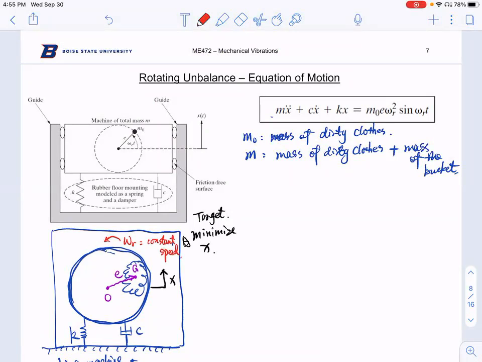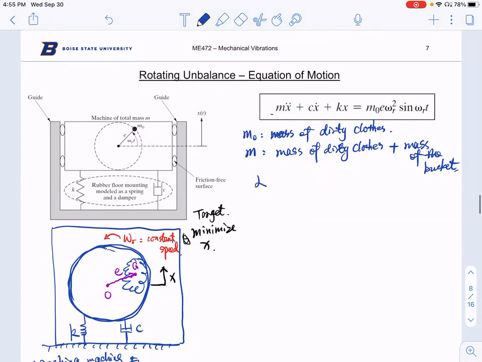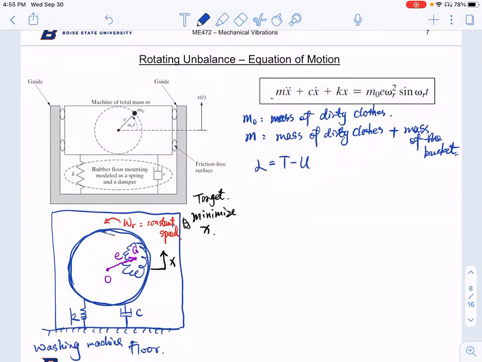All right. Then let's see what the equation of motion looks like. Here you're going to see the benefits of using Lagrange's method. So let's use Lagrange. L equals T minus U, right? T is kinetic energy, U is the potential energy. We can easily write U, and we ignore gravity here.